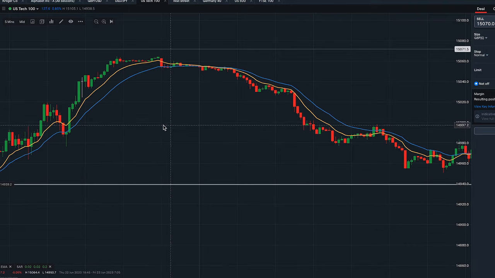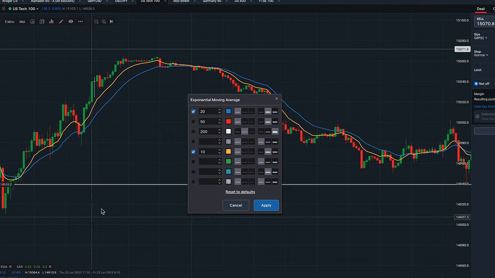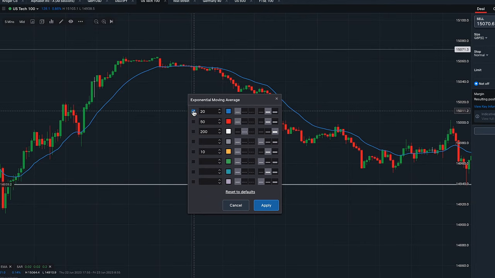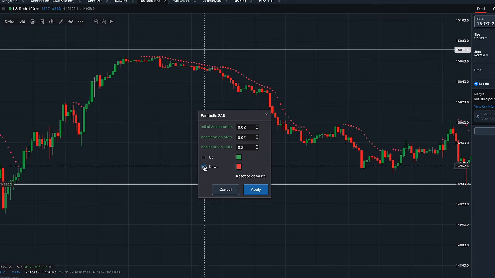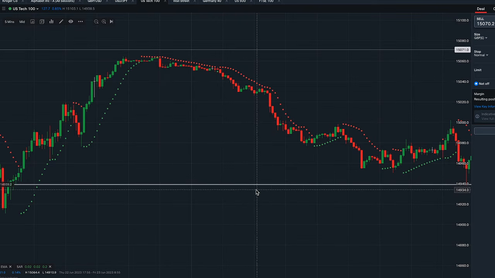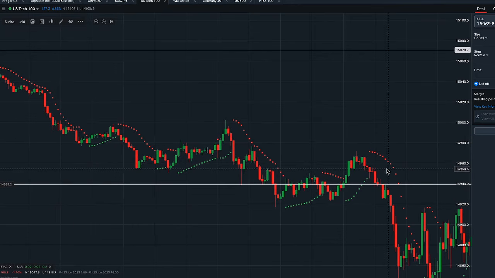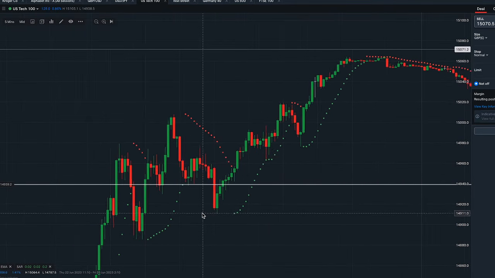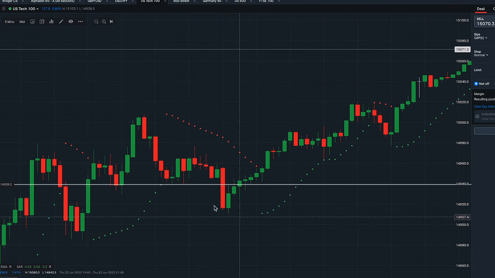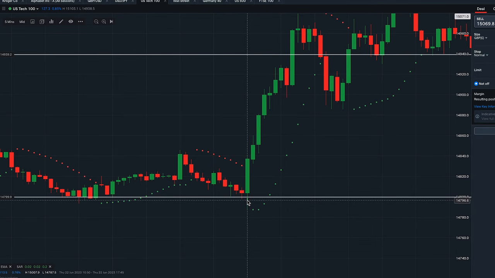Another way as well, which you can do trailing stops with, which I like, is if you use the parabolic SAR. What I like with the parabolic SAR, I like when it's just underneath as well, like this.